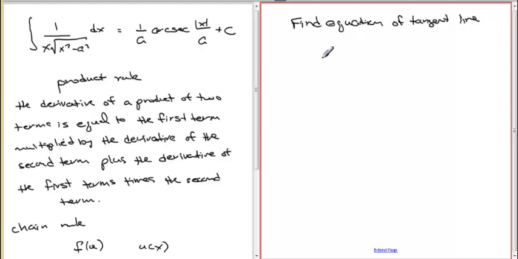So what you do is you have some function f of x, and I'll make something up here. Let's make it the natural log of x plus 2.